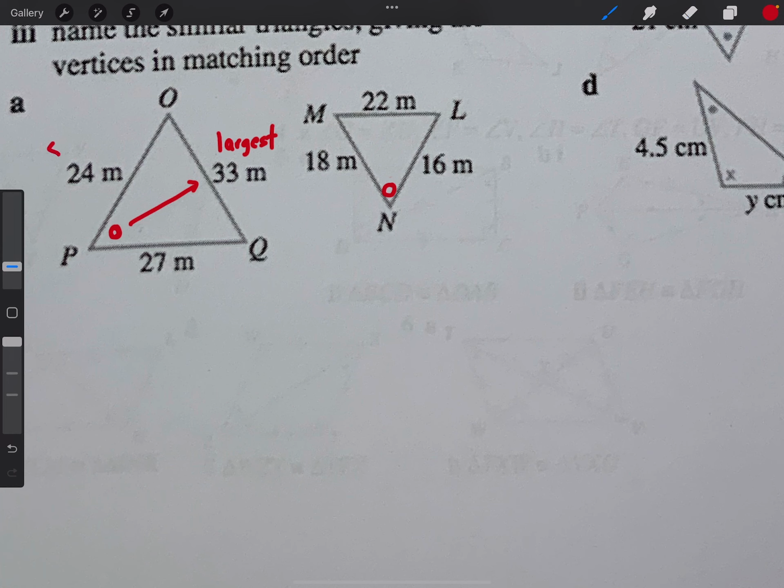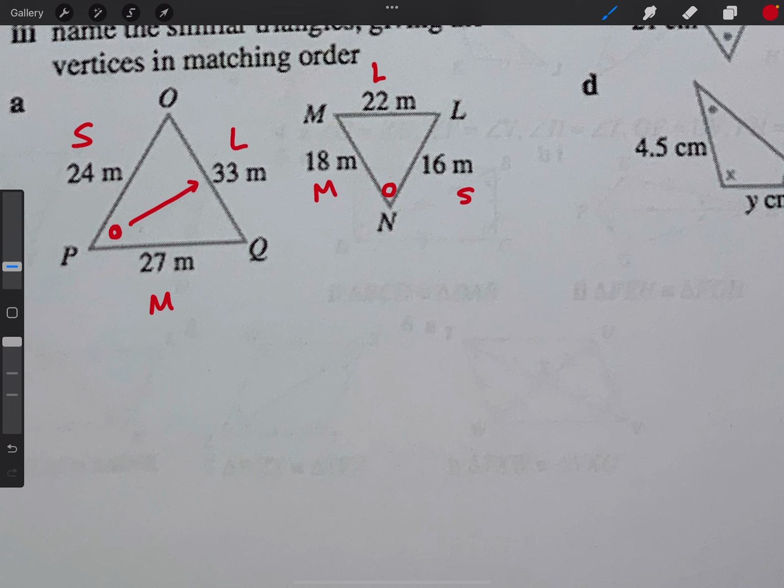So this is the shortest. Actually, I'm going to label the sides small, medium, and large. Medium should be here, large should be here. And this one would be small, medium, and large.